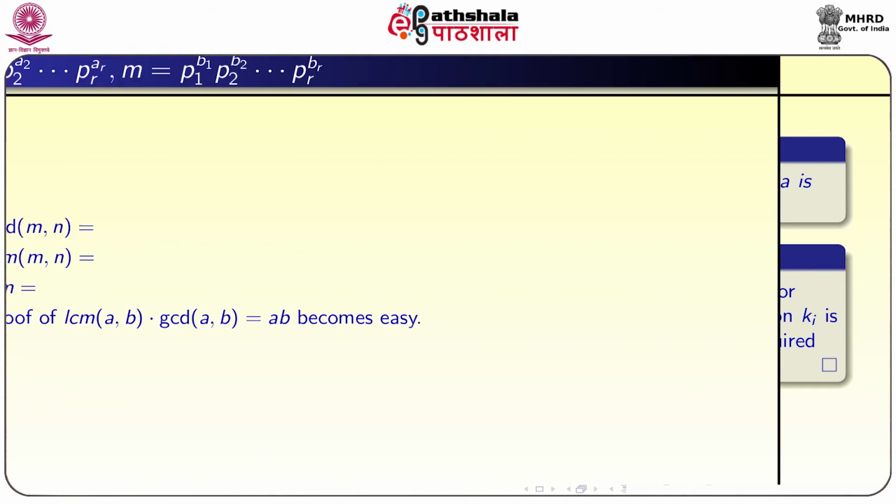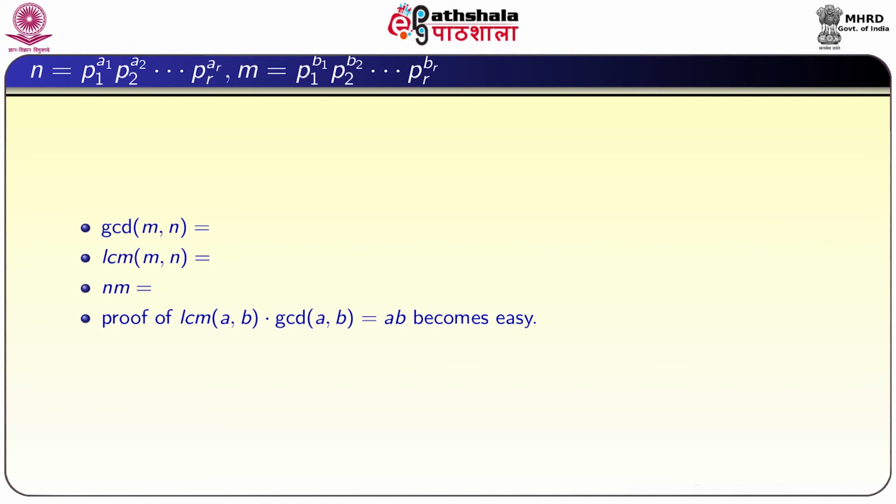Now, if you take n equal to p1 power a1, p2 power a2 and so on, pr power ar, and also m equal to p1 power b1, p2 power b2 and so on, pr power br, two integers, then it is easy to evaluate the GCD of m comma n. Here we are not giving the answer, but it is easy to find out the GCD of m comma n.